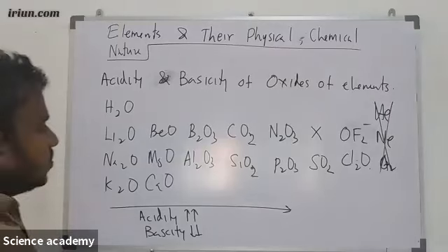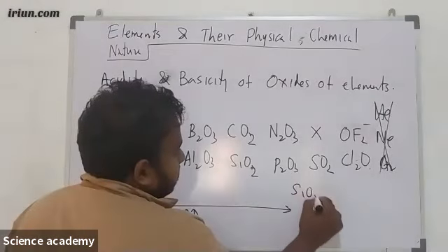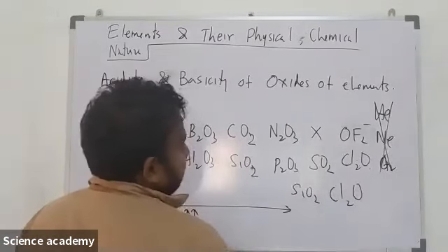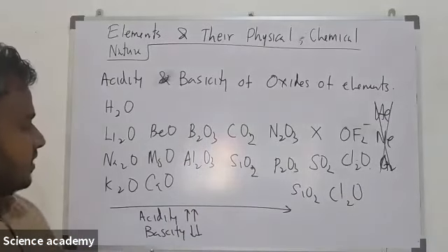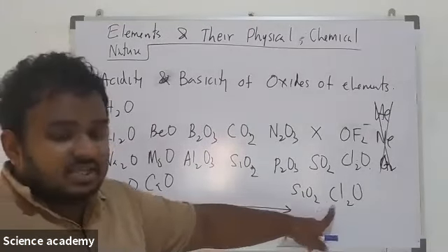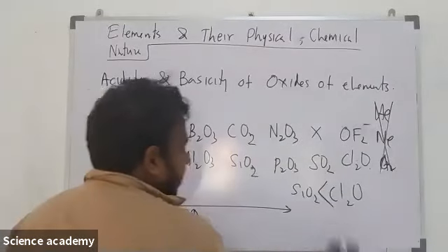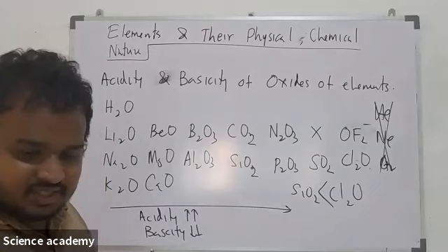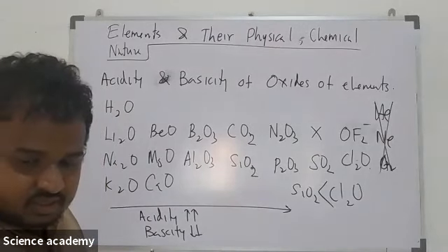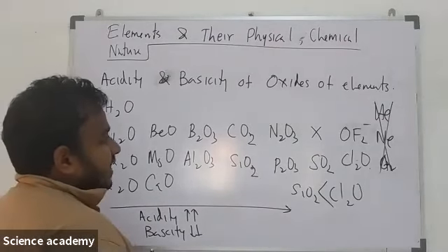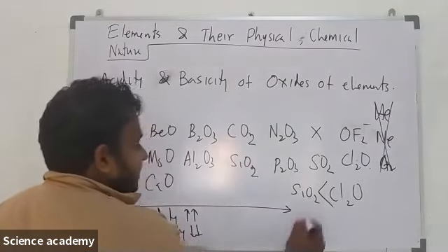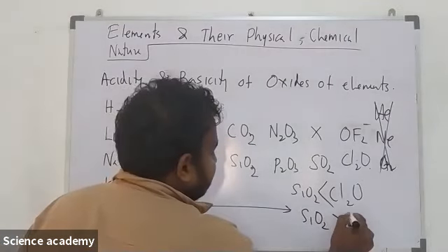If they ask you of SiO2 and Cl2O, which one has the highest acidity? Cl2O has the highest acidity. Also, if they ask which one has the highest basicity, SiO2 has the highest basicity.